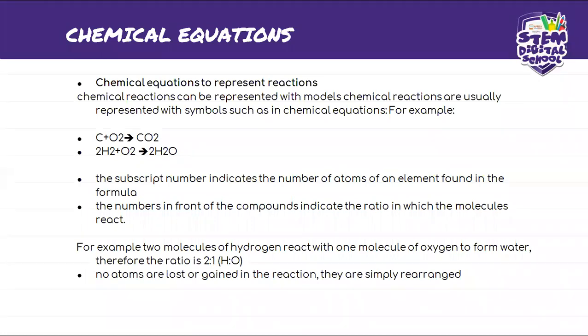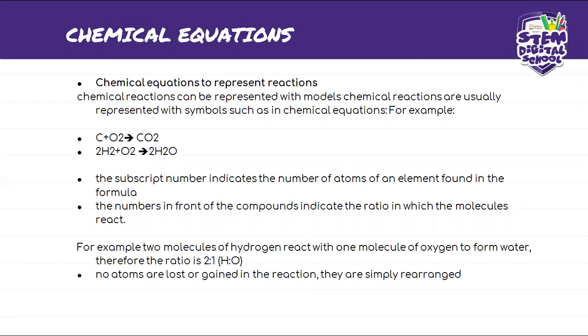When we were balancing it, we wrote this one in the previous lesson. So the ratio in the second equation is 2:1:2, because we have got 2 hydrogen molecules reacting with 1 oxygen molecule to give us what? 2 water molecules. That is 2:1:2. So that is the ratio.